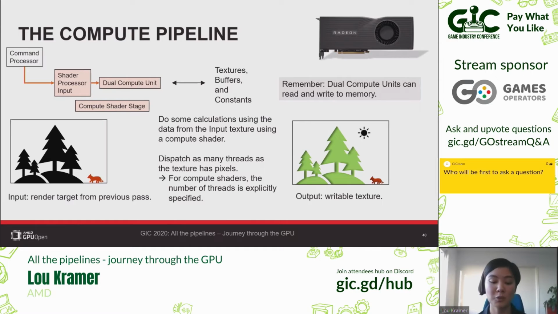But you are not using the geometry engine, you are not using the rasterizer, so you're not using the primitive assembler and scan converter. So these hardware resources are not used by the compute pipeline, and therefore could be used by other tasks you might have at the same time on the GPU.